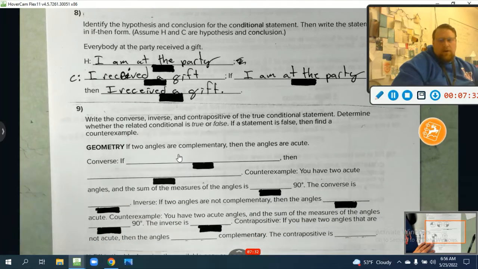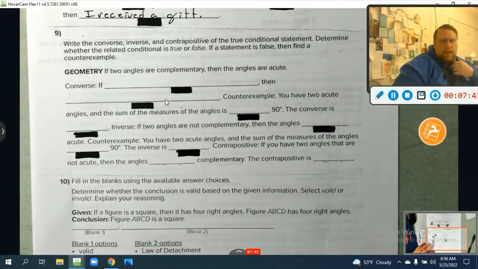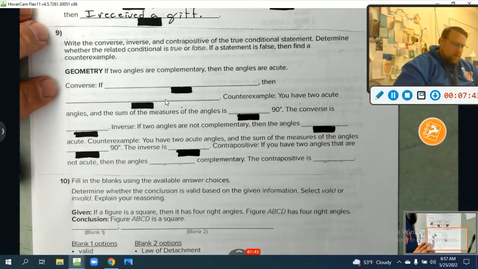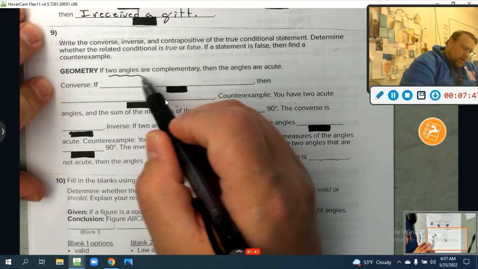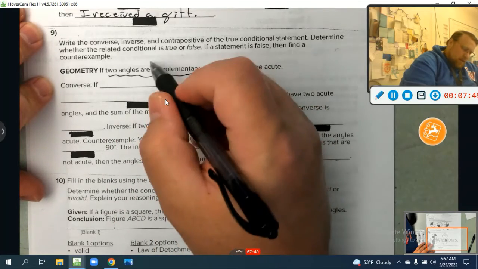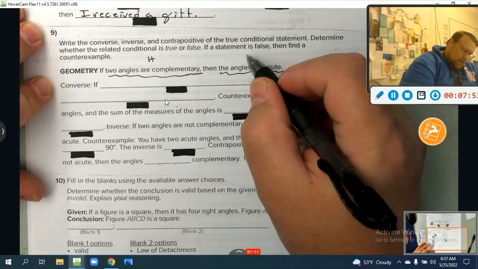Now we're going to do the converse, inverse, and contrapositive of a true conditional statement. Determine whether related conditionals are true or false. Okay, so if two angles are complementary, that's the hypothesis. Then the angles are acute. That's the conclusion.